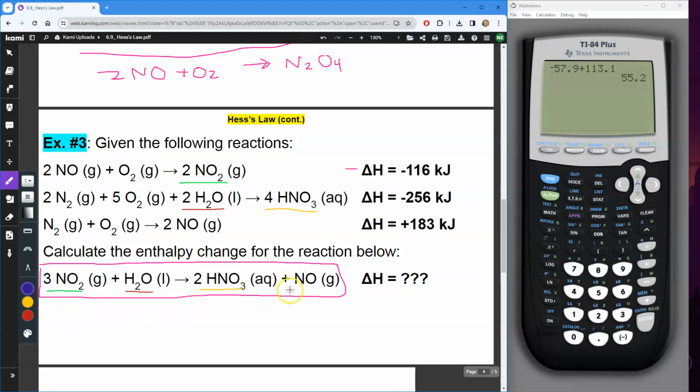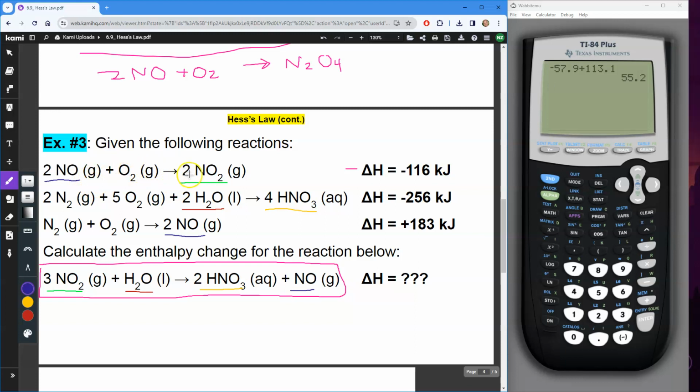I'm running out of colors here. All right, we've got nitrogen monoxide, NO. That is in the first reaction, and it is also in the third reaction. So what do we need to do here? Well, here's the problem. We know that we need to flip the first reaction.